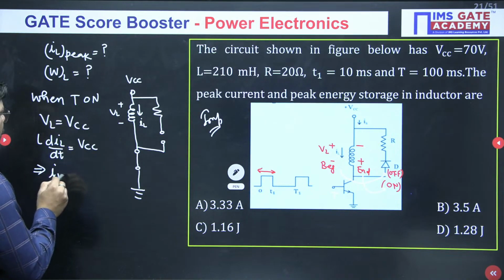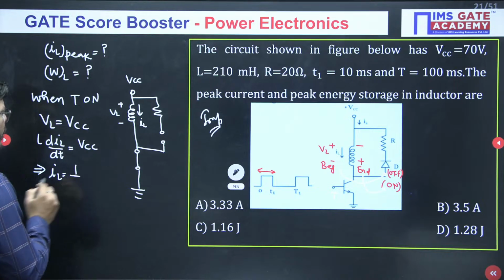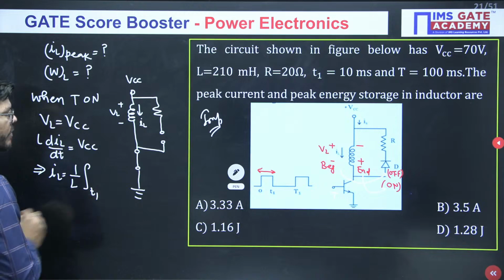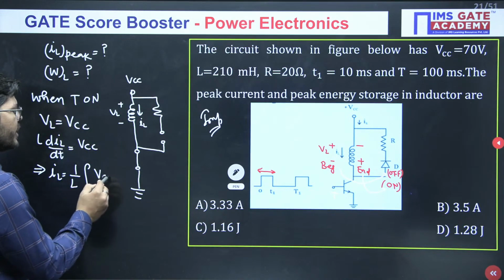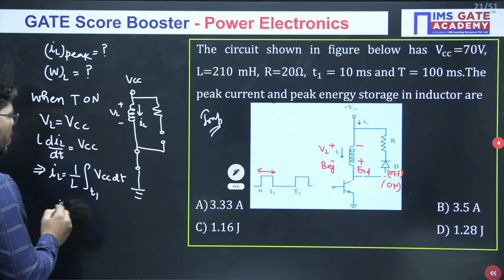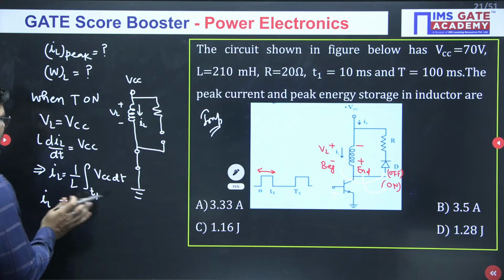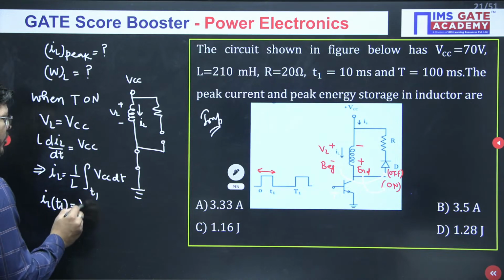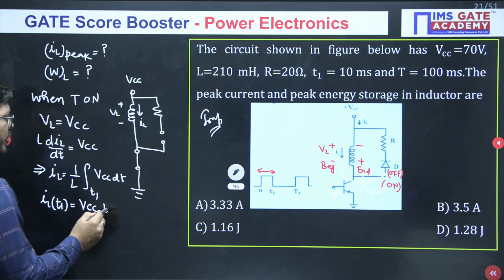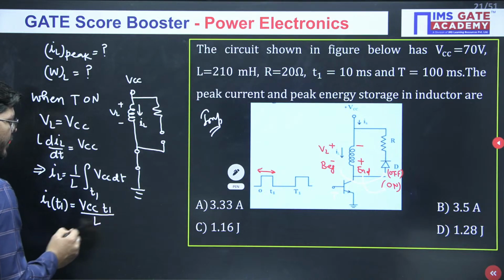If I want to calculate IL from here, this will be 1 by L integration over the duration T1 of VCC dt, so the current for this duration T1 will be VCC into T1 by L.